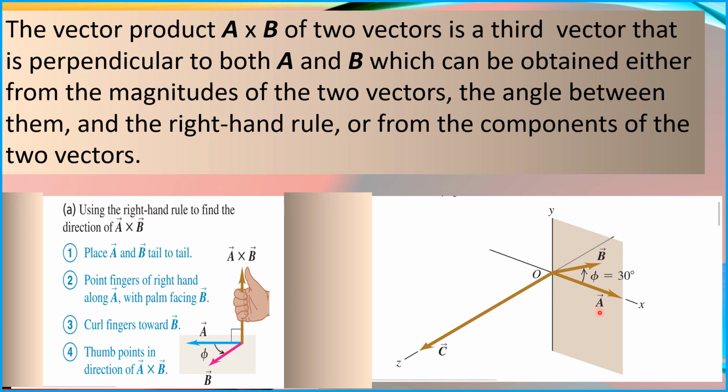That is already what is shown in the diagram. So their tails are located at the origin of our x, y, and z coordinates. Sometimes we call it the tail-to-tail method of vector diagram.